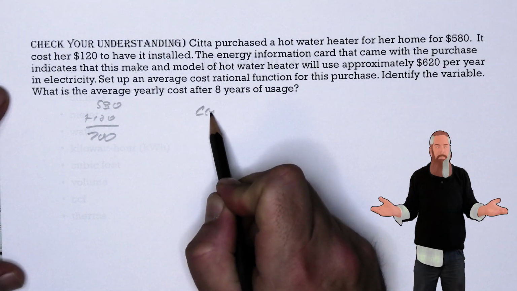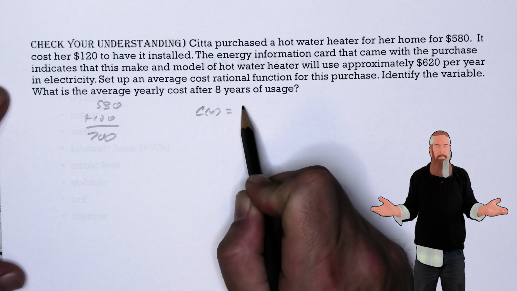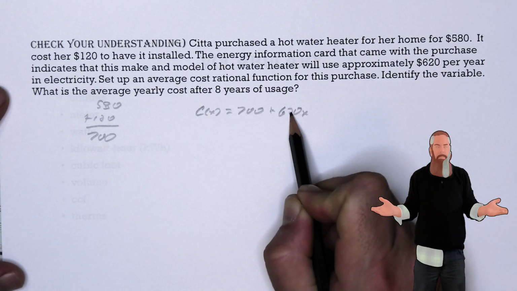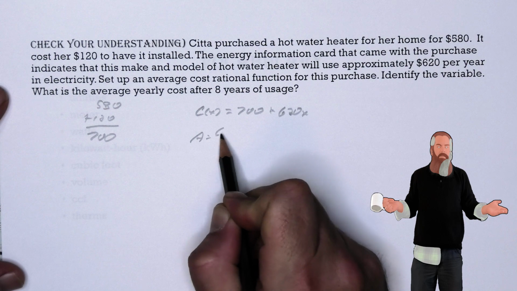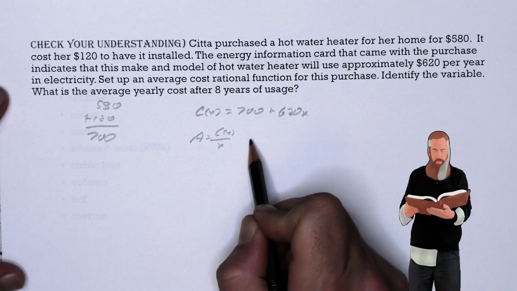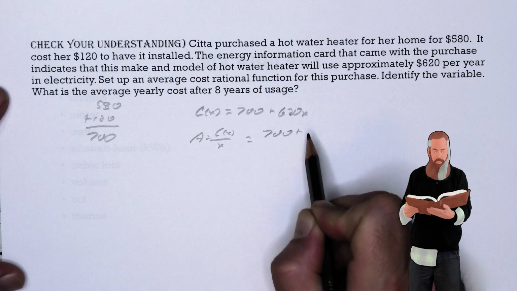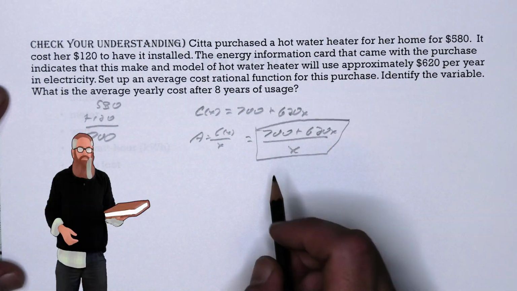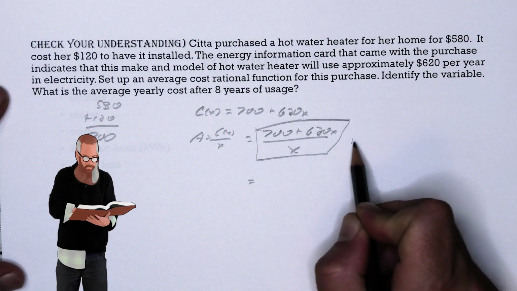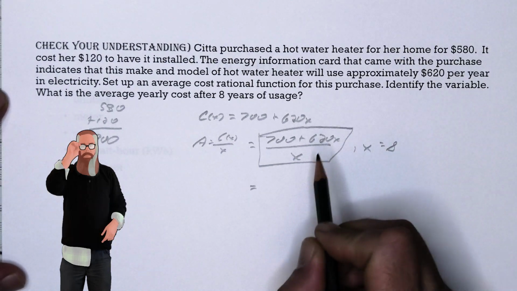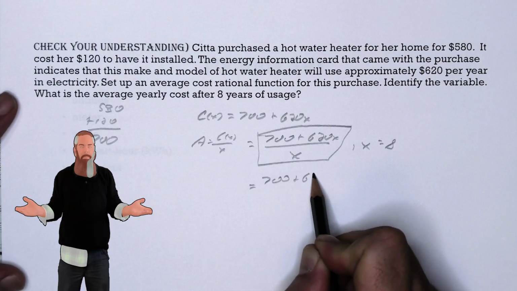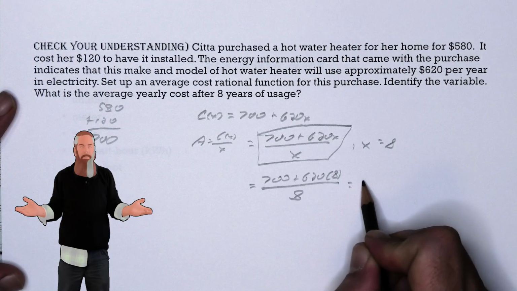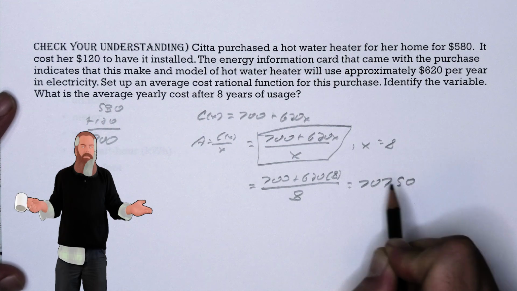So the cost of the water heater, C of X, is equal to 700 plus the yearly cost, $620 per year, or X. A of X is C of X divided by X, giving us 700 plus 620x divided by X. If we substitute in the number of years, because here we know that X is 8, this means that 700 plus 620 times 8, all divided by 8, will give us $707.50.